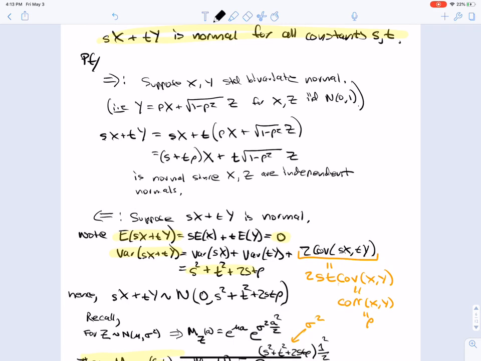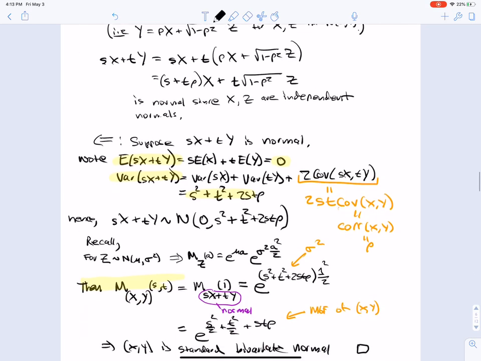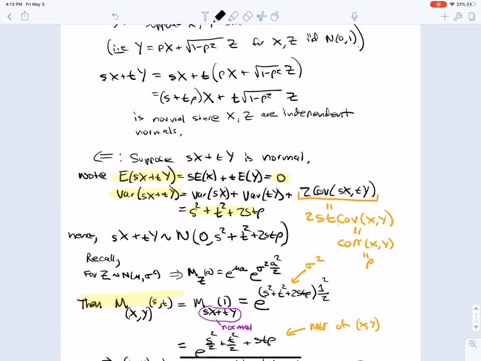Conversely, if sX + tY is normal, you can find the expectation and the variance of it, and show that the expectation is 0 and the variance is s^2 + t^2 + 2st rho. What we want to show is that XY is standard bivariate normal, so we're going to find its moment generating function.